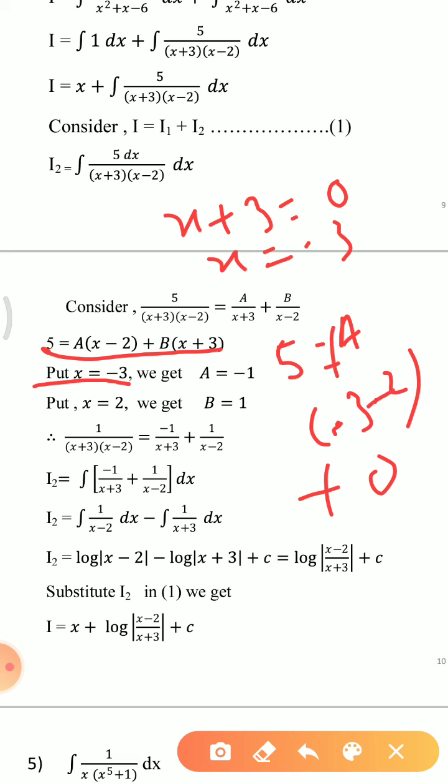That means 5 = −5A. Shifting the −5 to that side, 5 upon −5, the 5 gets cancelled, and the answer becomes −1. That means the value of A is equal to −1.